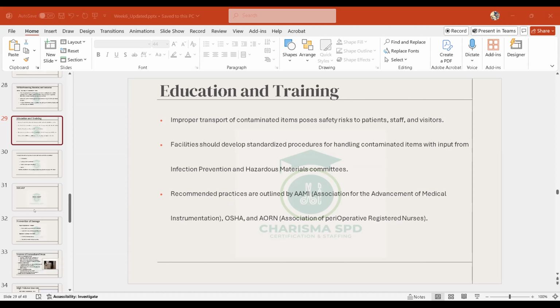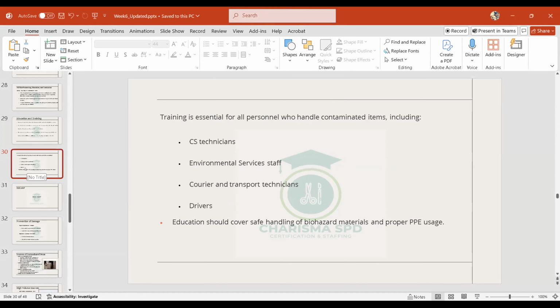So it is very, very important to know that decontamination starts from the point of use. The process starts by making sure the instruments are prepared safely and adequately enough to be handled at the Central Sterile Processing Department.